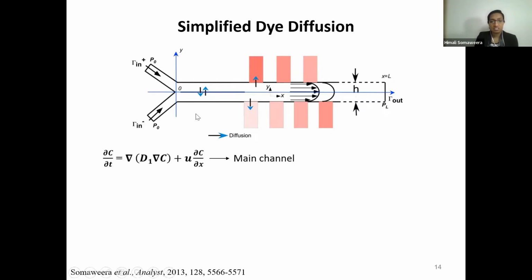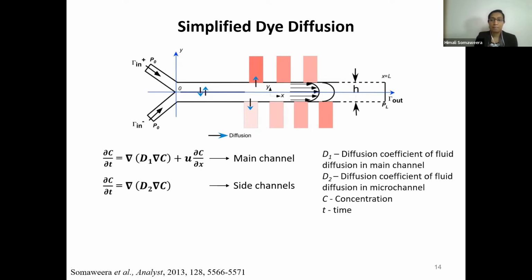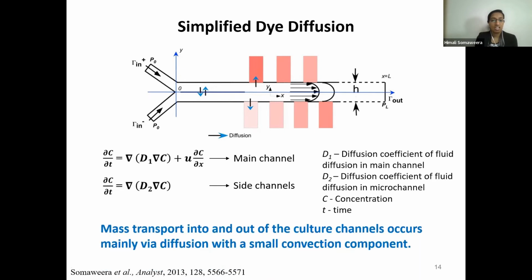In the main channel, there's the convection part as well as the diffusion part. But for the side channels, we only count the diffusion part, because it's shown from the simulation and the COMSOL validation that mass transport into and out of the culture channels occurs mainly via diffusion with a small convection component. That's why we don't have a convection component for the side channel here. We only count the diffusion.